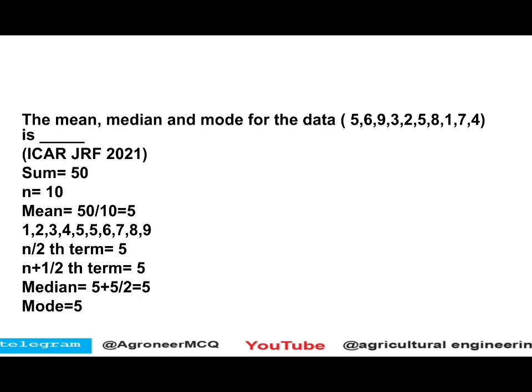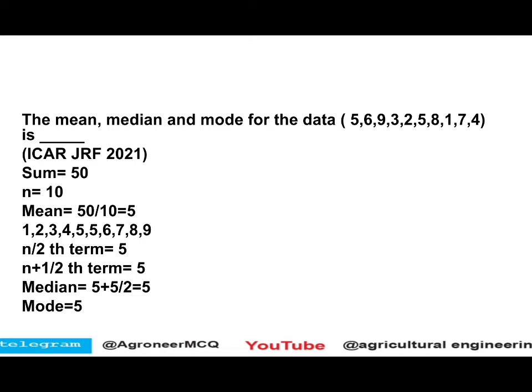So where we started this question, let's go for its solution. The summation of all these given observations is 50. The total number of observations is 10. Then mean is equal to 50 divided by 10, which is equal to 5. If we arrange these observations in ascending order, then we will get two terms, which are the fifth term and sixth term.